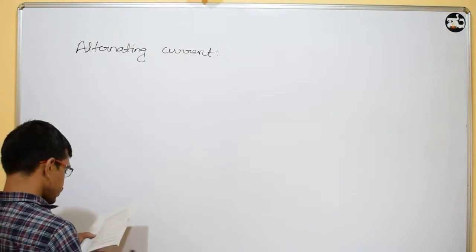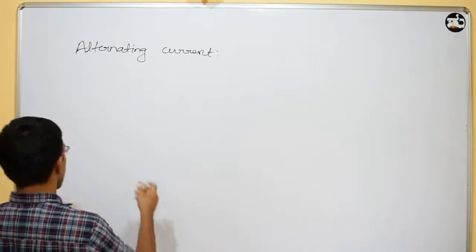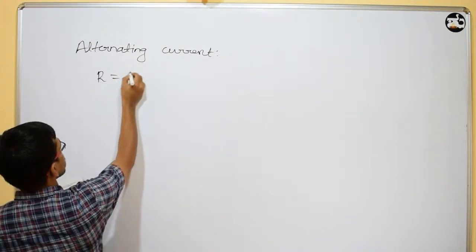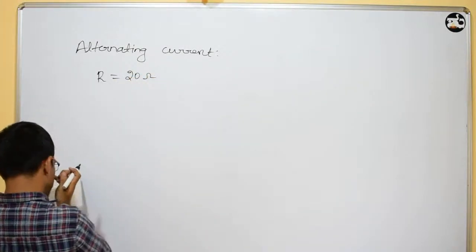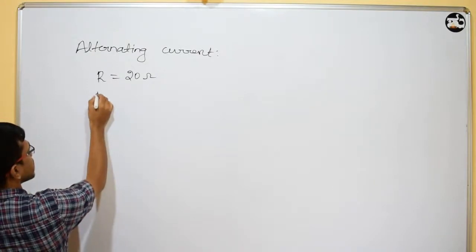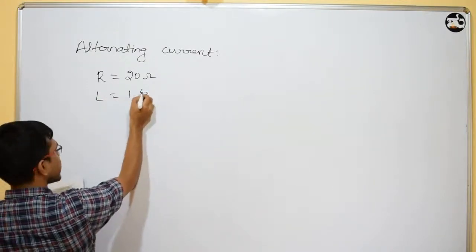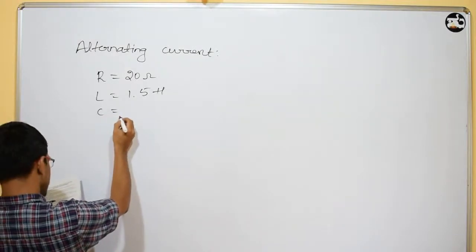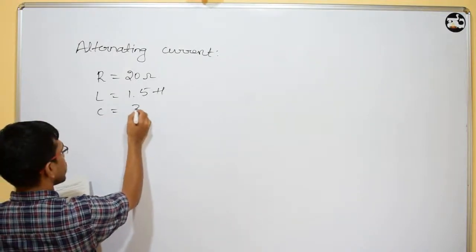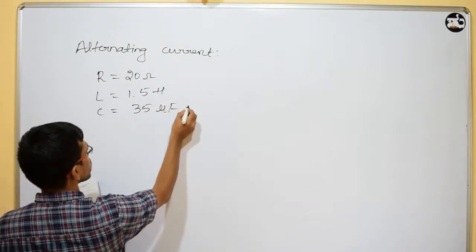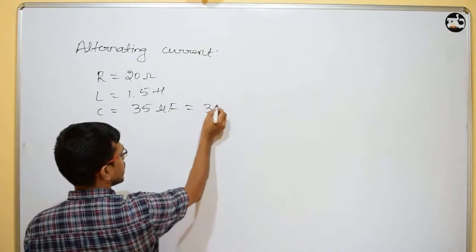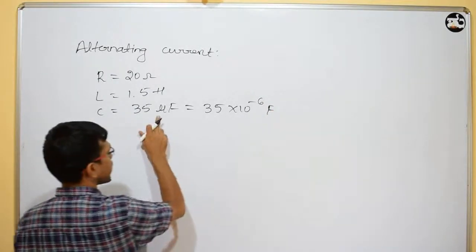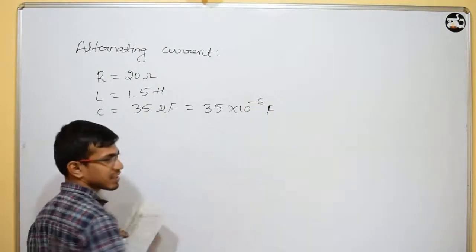We have a resistance R as 20 ohm, an inductor of inductance L equal to 1.5 Henry, and the capacitance of the capacitor C equal to 35 microfarad. So it must be 35 into 10 to the power of minus 6 farad, because micro means 10 to the power of minus 6, correct?